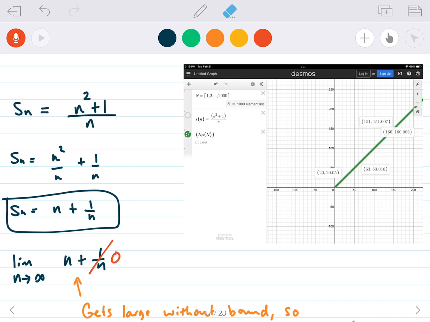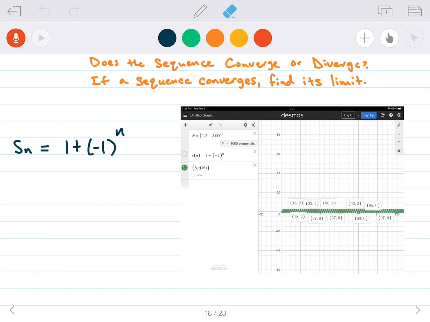Okay, let's do another one. Does this sequence converge or diverge? Let's see. Well, let's just plug in a couple of different n values. So s sub 1 is 1 plus negative 1 to the 1, which is 0.